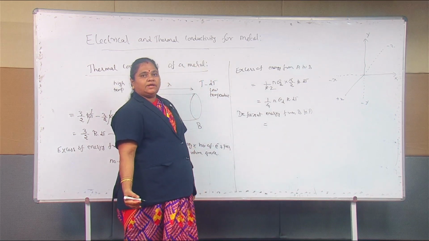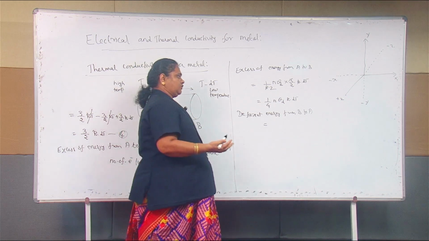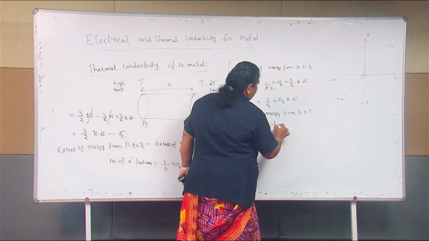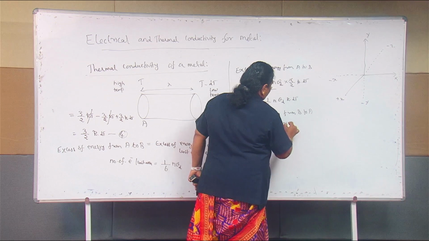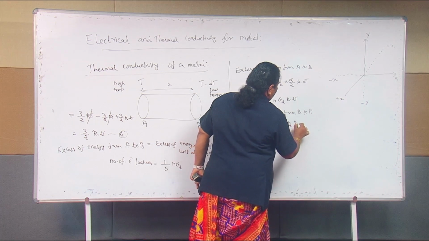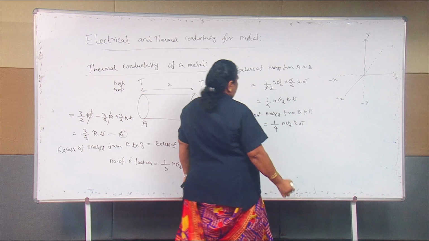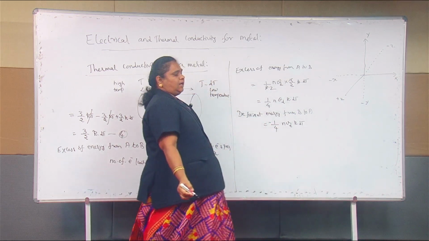That negative sign represents only the direction, not any value. So 1 by 4 n Vd k into dt, with one negative sign.